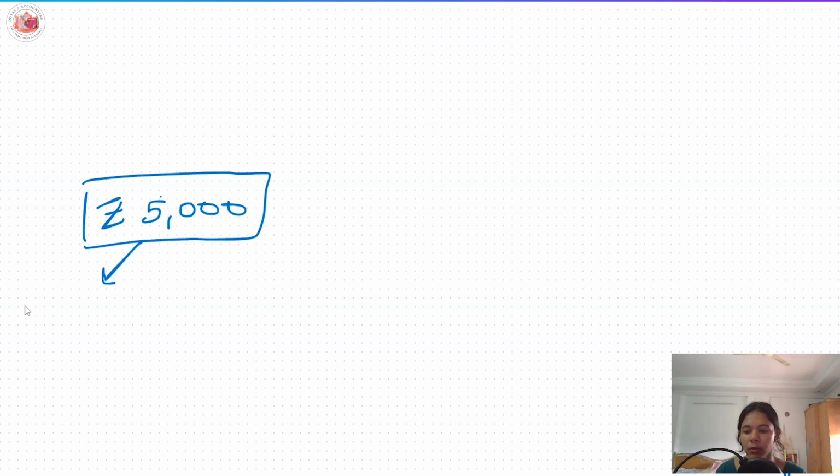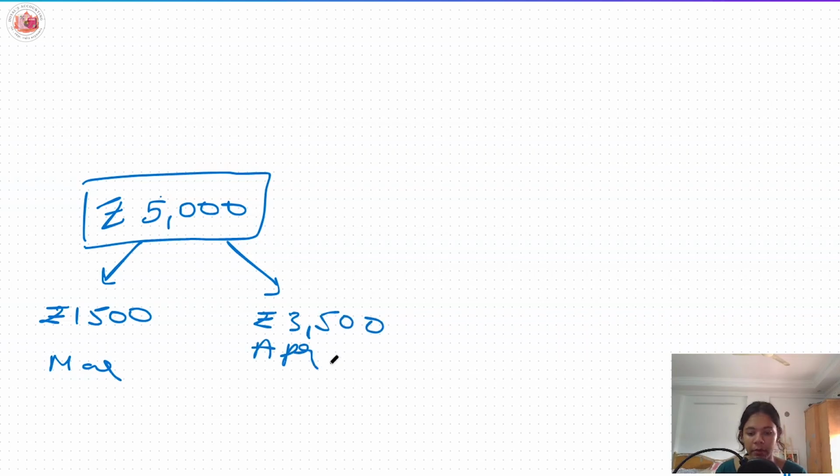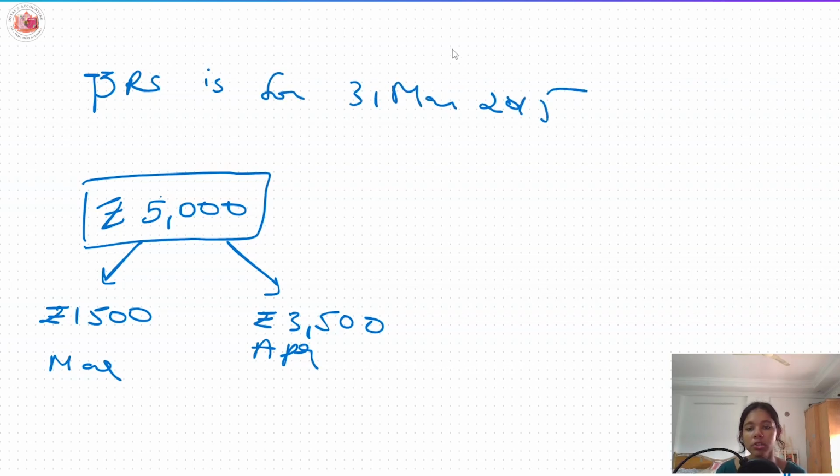Out of this, only rupees 1,500 got credited in March and rupees 3,500 got credited in April. But my bank reconciliation statement is for 31st March 2015. So I am only concerned with those transactions which happen in the month of March, not April.